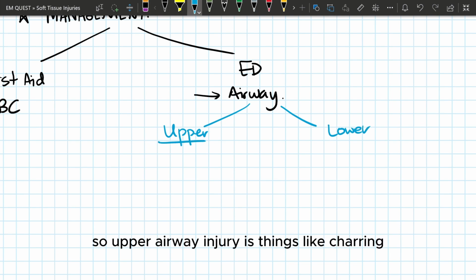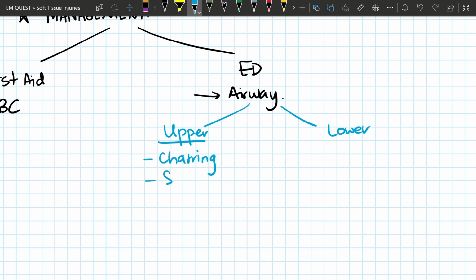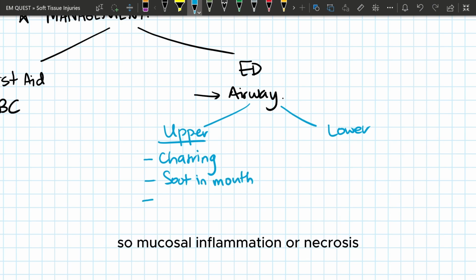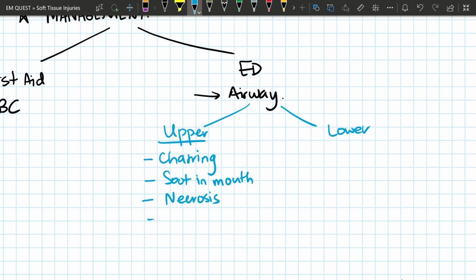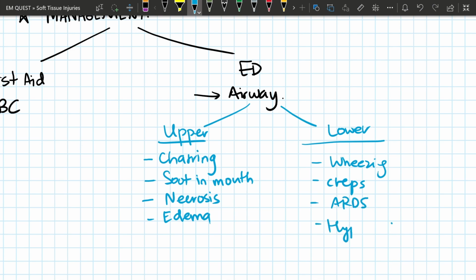So upper airway injury is things like charring, soot in the mouth, mucosal inflammation or necrosis, and edema. In case of lower airway injuries, we have wheezing, crepitations, ARDS manifestations, hypoxemia.